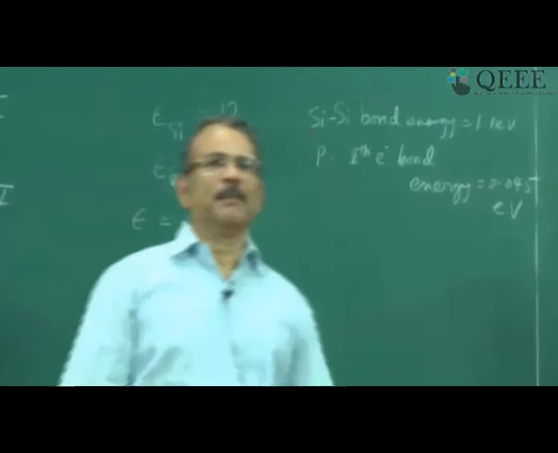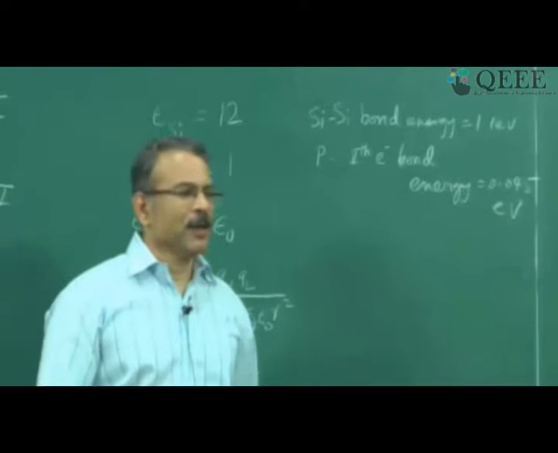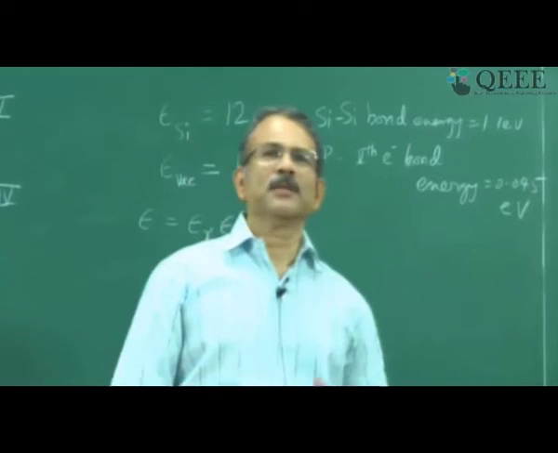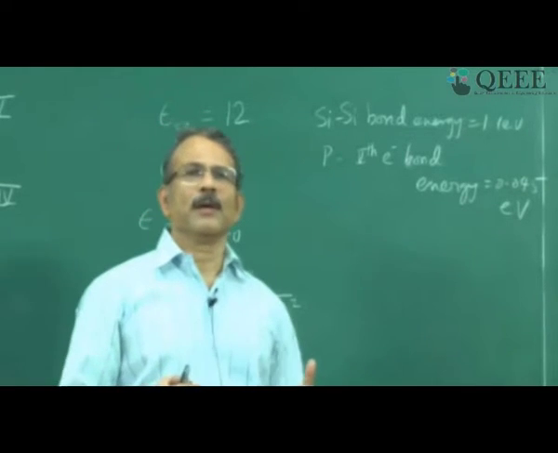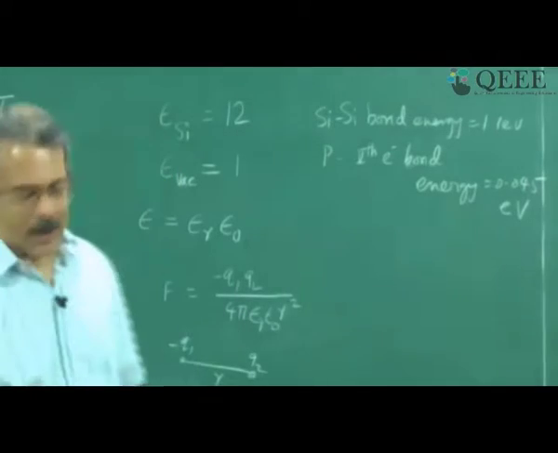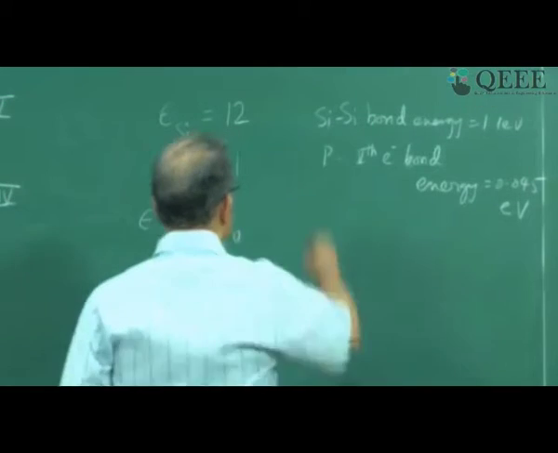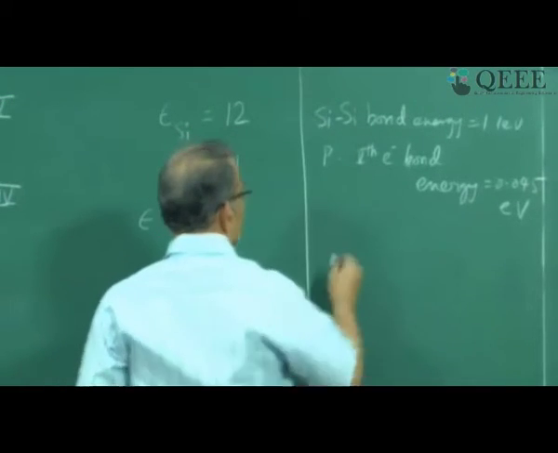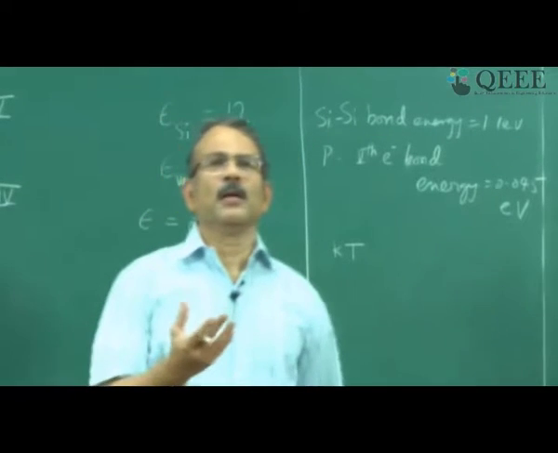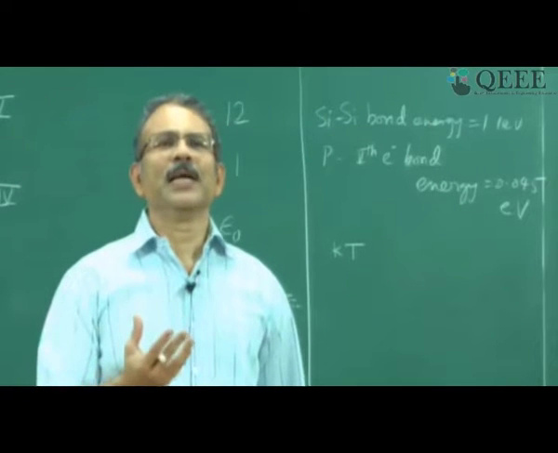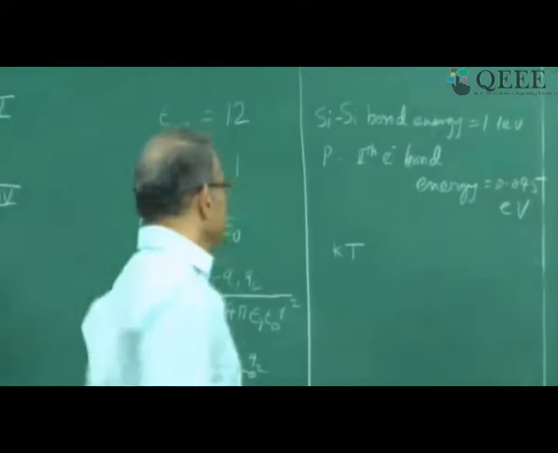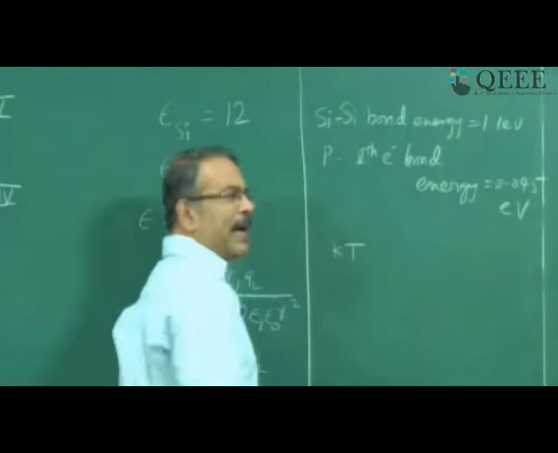So now what is going to happen when I raise the temperature? At 300 K, all the phosphorus atoms will give away their electrons, right? Why? Because the average energy of particles at room temperature is kT. So if you try to find the average thermal energy of silicon lattice vibrations, that energy will be kT.